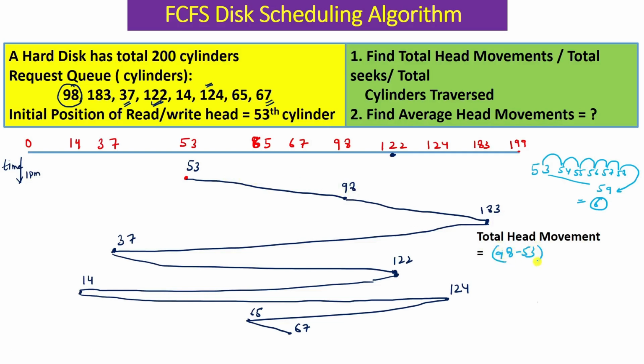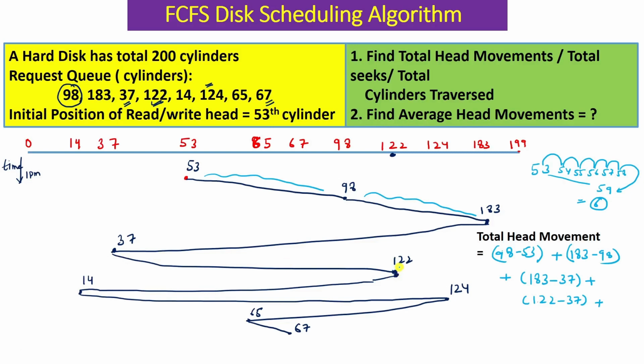Then plus you subtract 183 minus 98. So you moved some tracks from here to here, then you moved some tracks from here to here. Now plus you moved some tracks from 183 to 37, right? And what will be the count? 183 minus 37. Then you move from 37 to 122, so the count will be 122 minus 37.